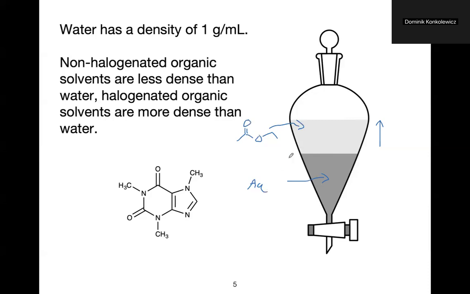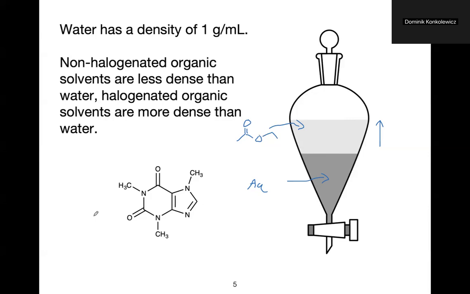Our goal, if we look at this caffeine molecule, it's got a lot of carbons, things like that. It's got a few polar groups, but overall it doesn't have a huge number of charges, so it'll slightly prefer the organic layer.